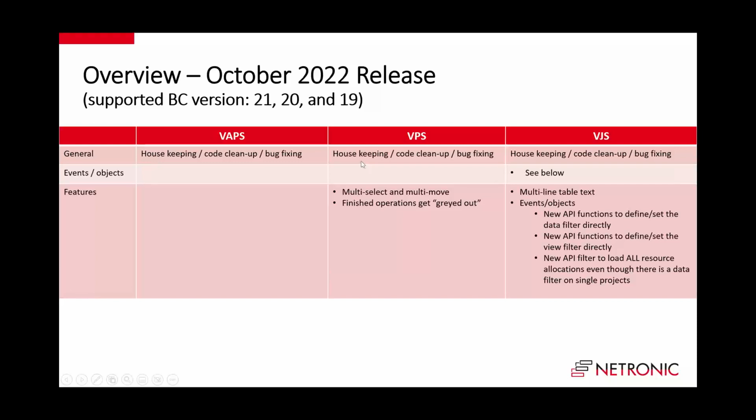So everything that I present to you today can be only used if you're in Business Central 21, 20, and 19. This is the general consensus in the market, that it is best to always work on a current version, that you regularly update your environment, that you regularly go with the latest and greatest.